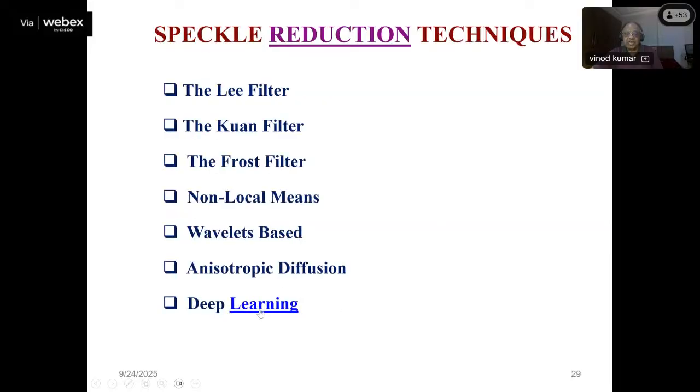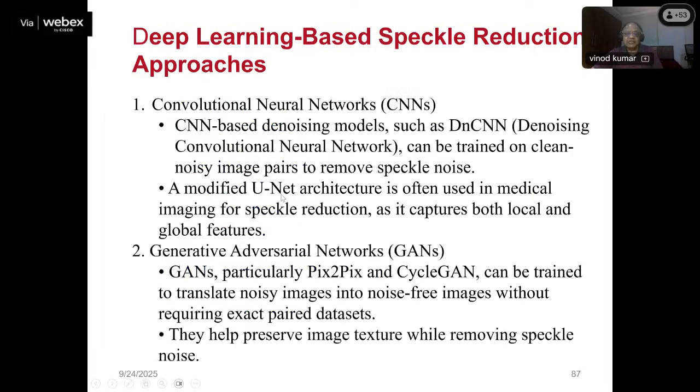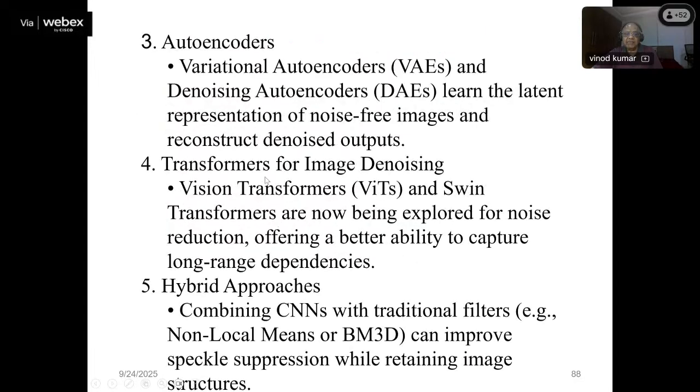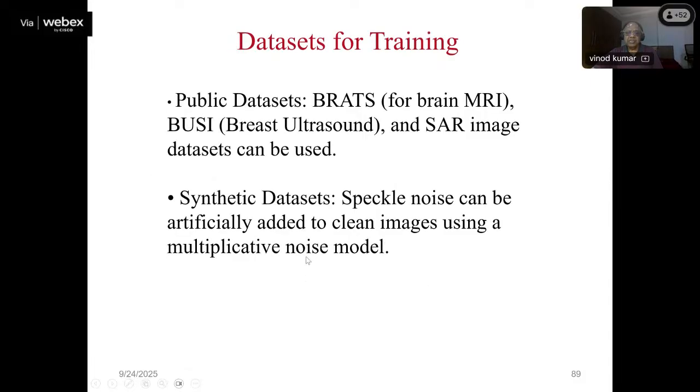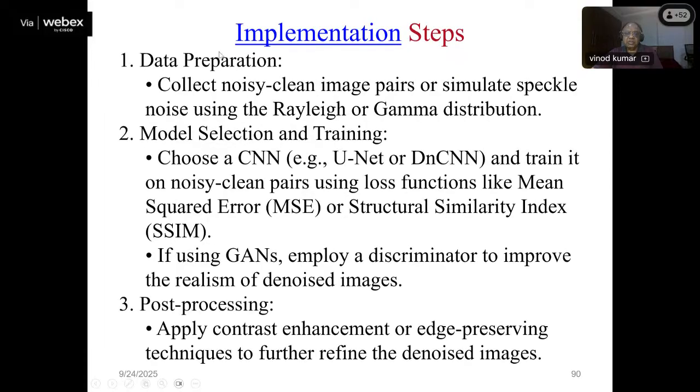In the case of deep learning also, there are various models available. CNN is there, GAN is there, and we have transformers for image denoising. Hybrid approaches are also there. There are some databases available. Implementation, how we can do this, you have to plan.